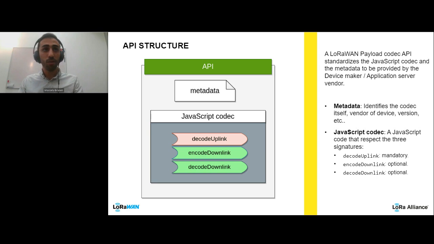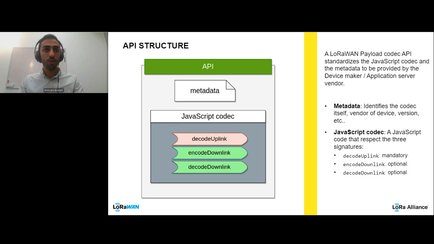Every codec function between these three is defined by its name, input and output. In all cases, the input and output are JavaScript objects, to allow future evolution of this API. If you want to add more fields or properties in the input and output, this will not create any breaking change.